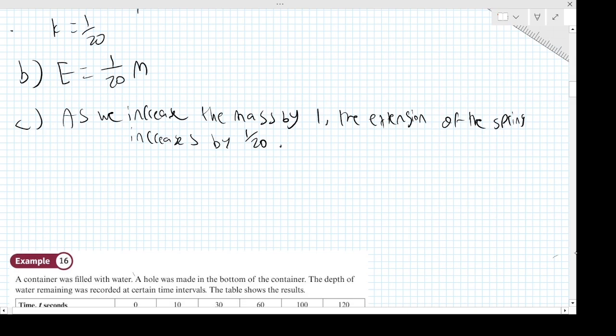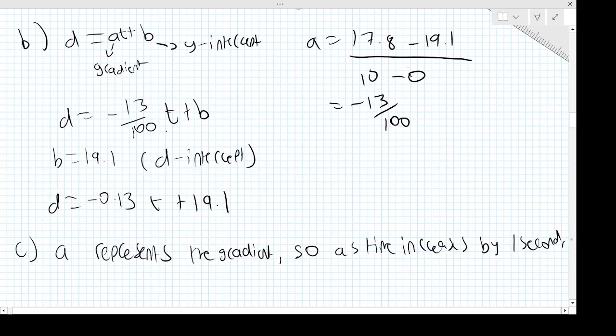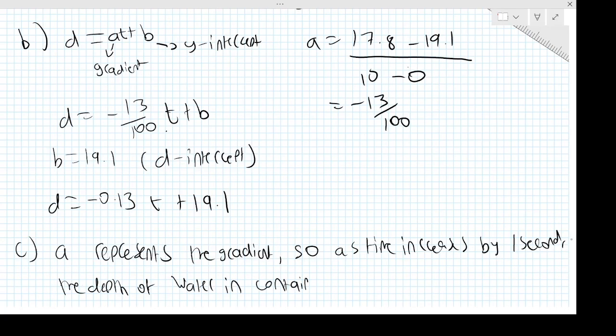Okay, there we are. So the depth of water in the container, because that's the problem, we've got the depth of water in a container. If we read the question, what's A? Well, A is minus 13 over 100, right?